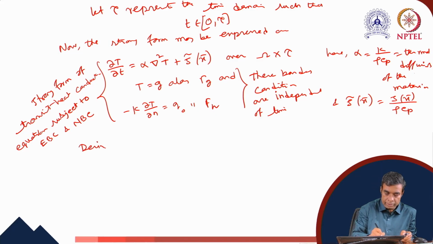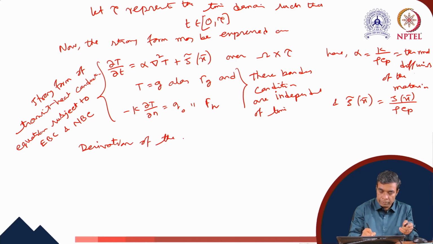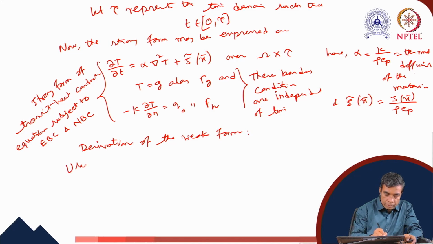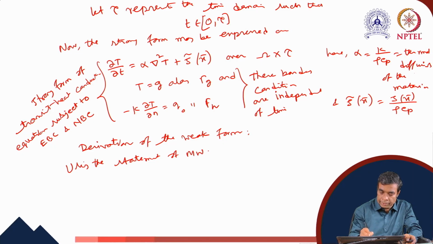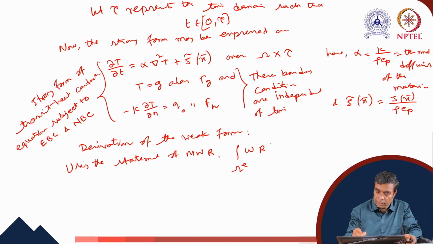Now we derive the weak form of this governing equation. Derivation of the weak form using the statement of method of weighted residual, we have integration over omega e w R d omega e equals 0.